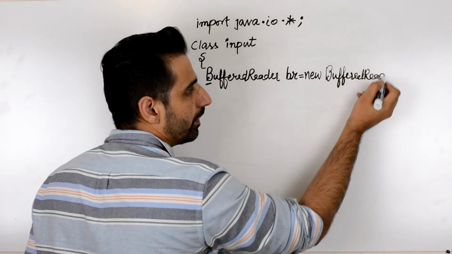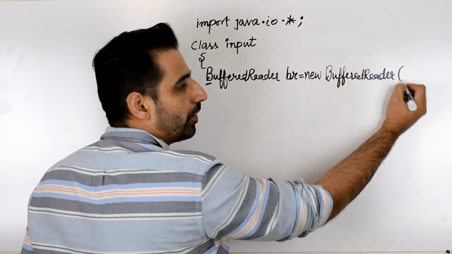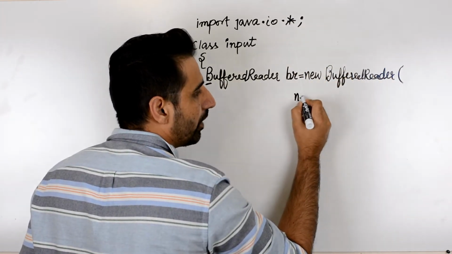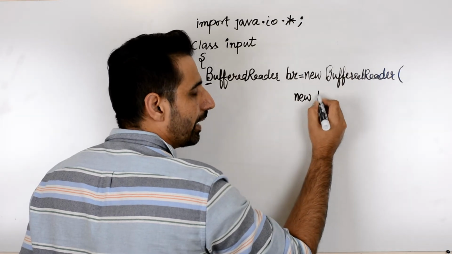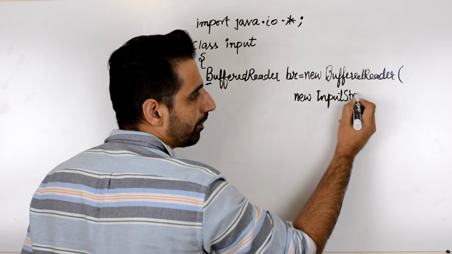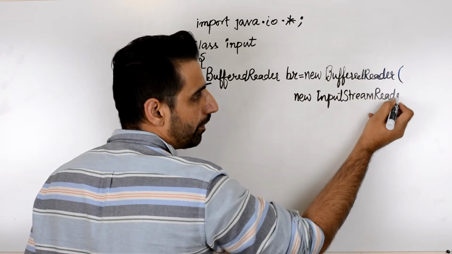BufferedReader, and after BufferedReader you have to write a bracket, and after the bracket you have to write new, and then InputStreamReader.